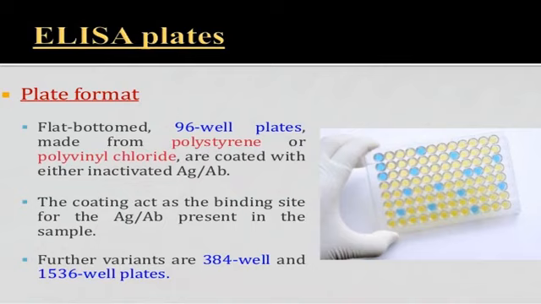They are made from polystyrene or polyvinyl chloride so that there is more absorption when we coat with antigen or antibodies. The coating acts as the binding site for the antigen or antibody present in the sample. Further variants are the 384 wells, and as we said, there are larger plates depending on the size of the sample.